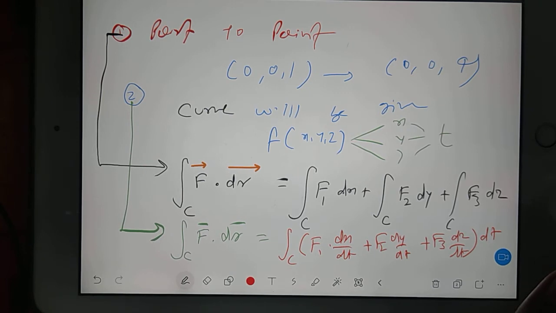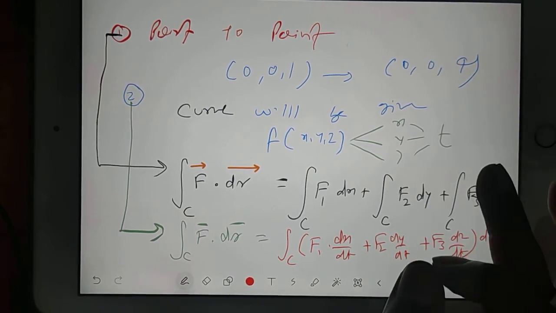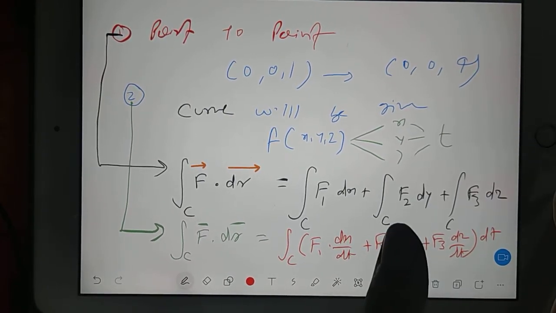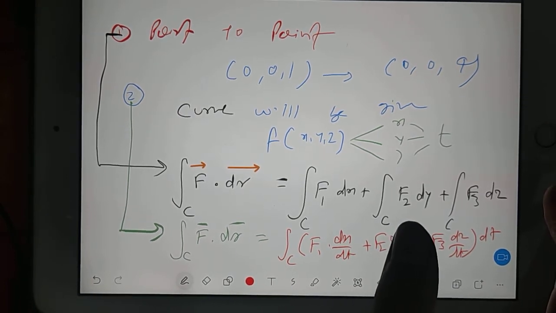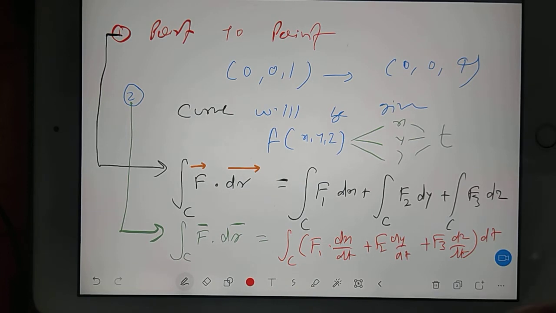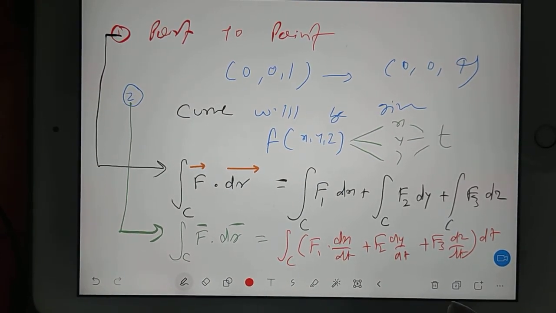Copy down these two equations. Then we'll take one example, and then it will be very comfortable.